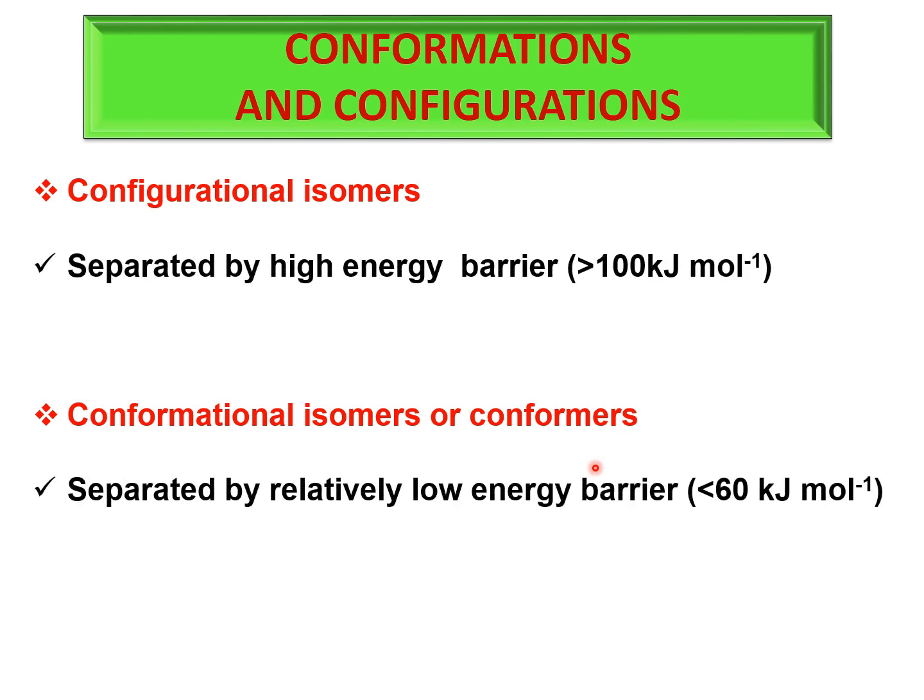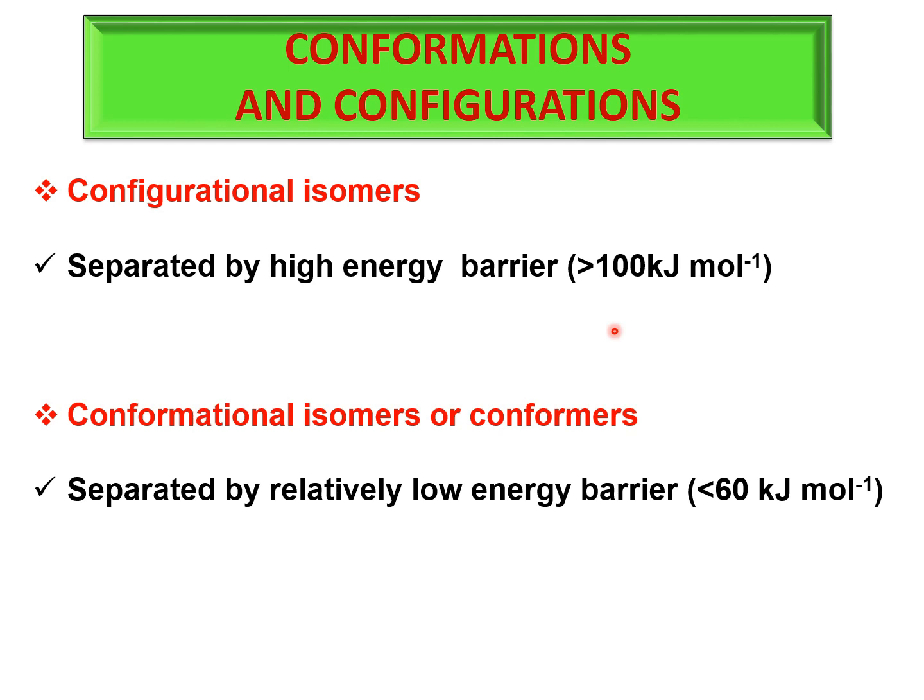First things first, configurational isomers are separated by a higher energy barrier, usually more than 100 kilojoules per mole. It means it requires more than 100 kilojoules per mole of energy to convert one configurational isomer into another configurational isomer.